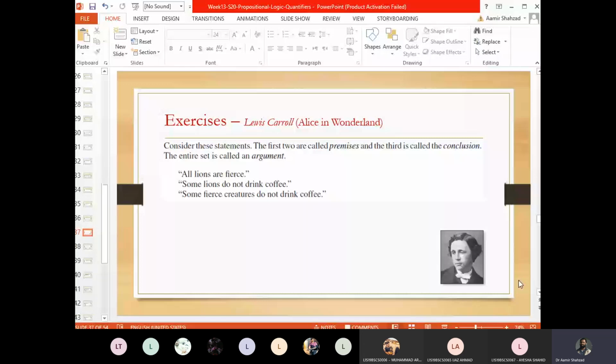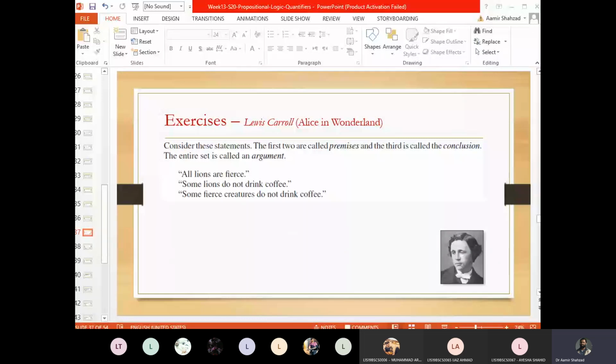This example is from Lewis Carroll's book Alice in Wonderland. It's a famous novel, and many movies have been made on it. These statements are from Alice in Wonderland, and they use quantifiers in a beautiful way.